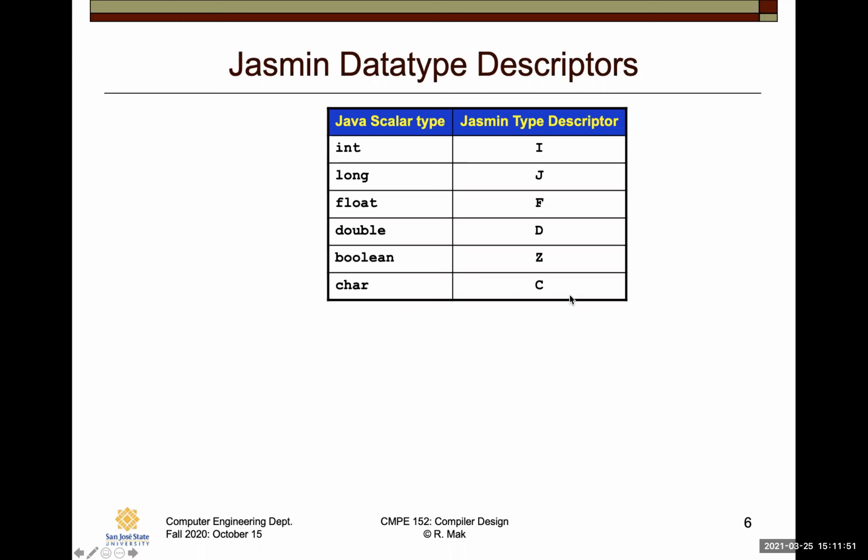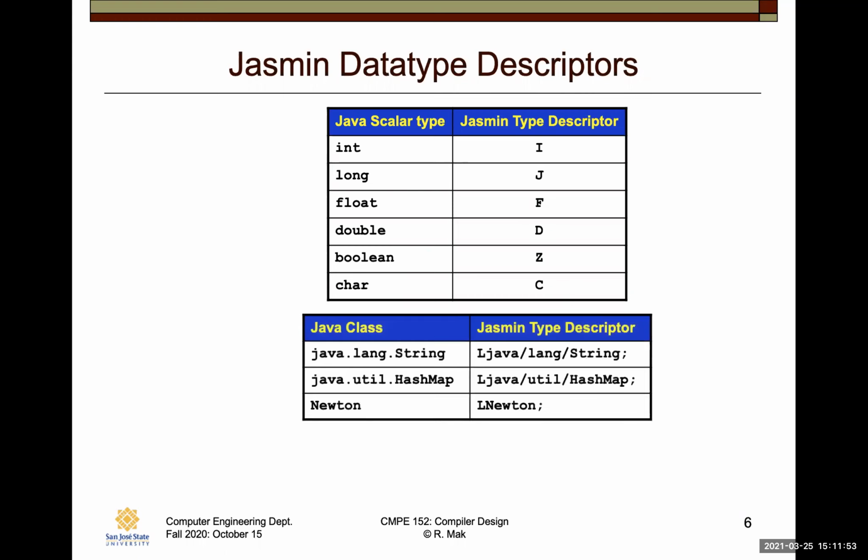Now, if the data type is a class, then you have another notation. For example, if it's a string, in the Java world, the fully qualified name is java.lang.String.